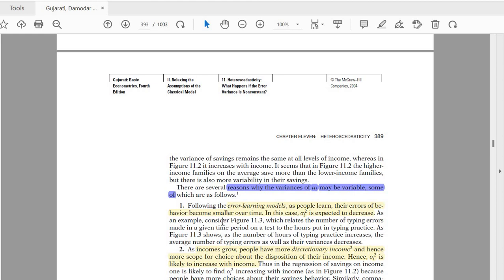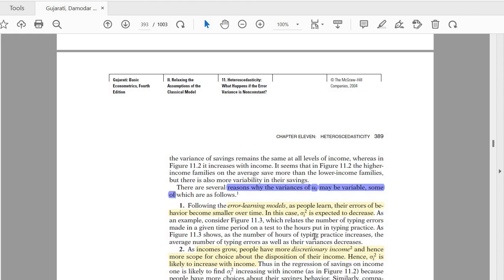Suppose you are practicing typing, and you spend more hours of typing. What do you expect, would you have the same number of errors which you make while typing, or will it reduce? The answer is that definitely it will reduce.